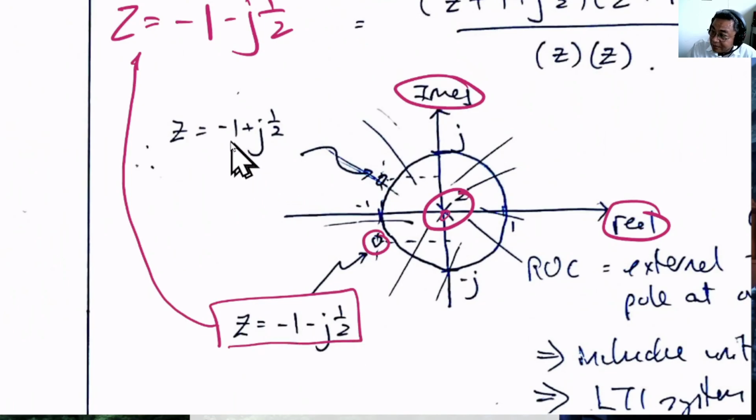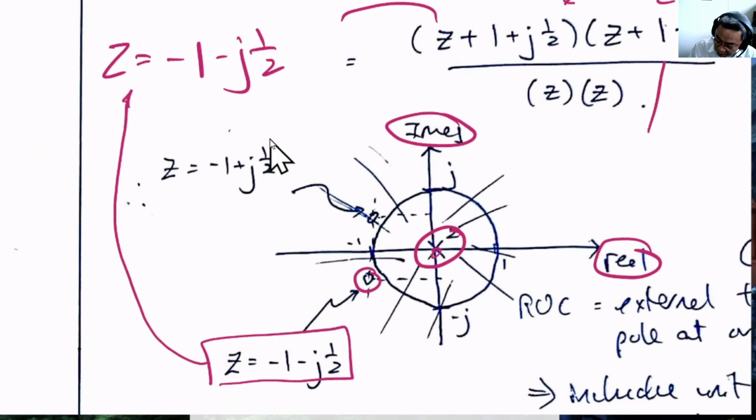The other is z equals minus 1 plus j/2, which is over here. When z equals minus 1 plus j/2, this factor goes to 0. So these two are the zeros, and we draw a circle for each zero of the numerator.